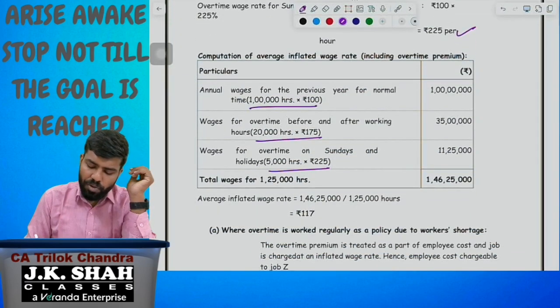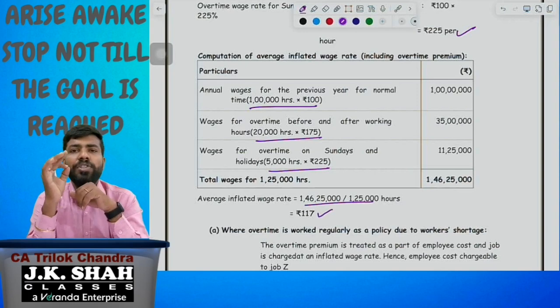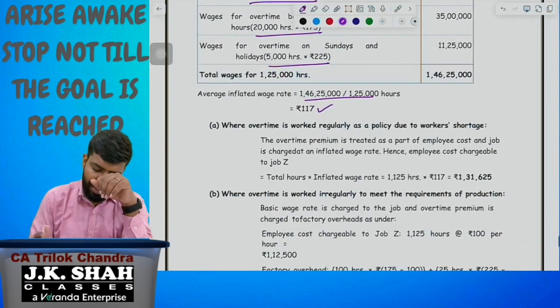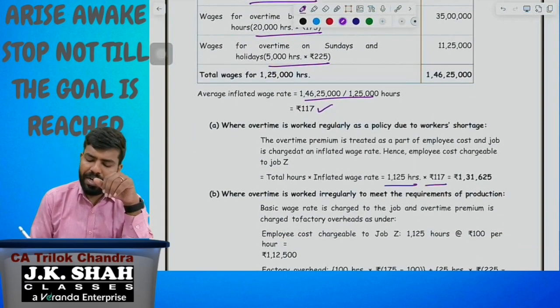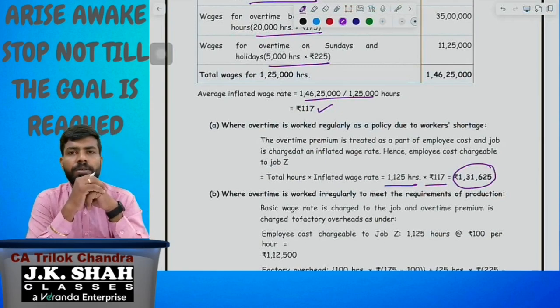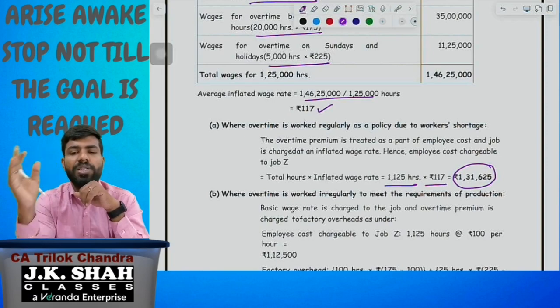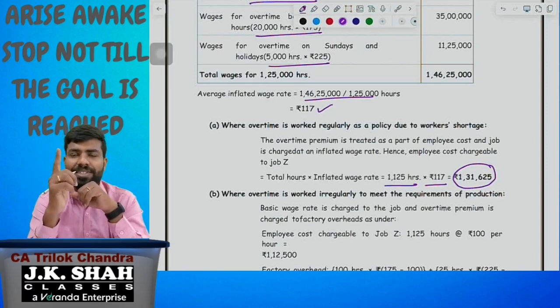Total wages 1 crore 46 lakh 25,000 divided by 1 lakh 25,000 will give us 117. On job Z, totally how many hours are worked? 1,125 hours will be paid at 117. Total wage cost accounted to job Z is 1,31,625. That is the first instance.